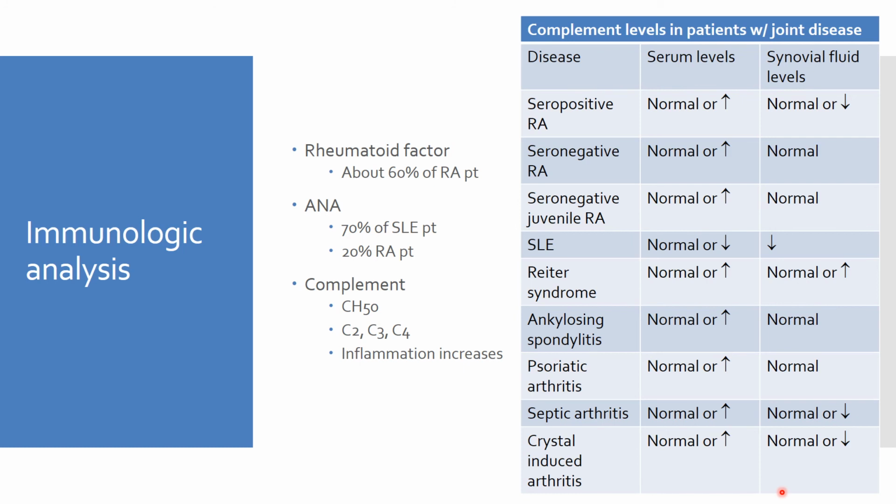All of them would demonstrate signs of inflammation because all of them have inflammation. But with RA and SLE, especially with the seropositive, you usually have decreased complement. Whereas in other cases, you can see complement is increased. With septic arthritis, complement is also going to be decreased because you're using it up, as the organism is usually generating a response with the complement.